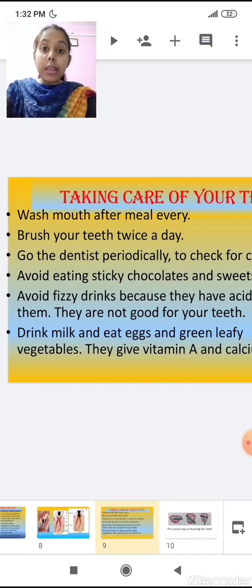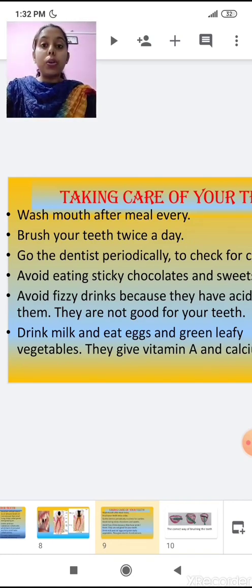So children, keeping your teeth clean is very important, and if you do not care for your teeth, they will fall out, and in place of that no new teeth will grow. So always take care of your teeth.